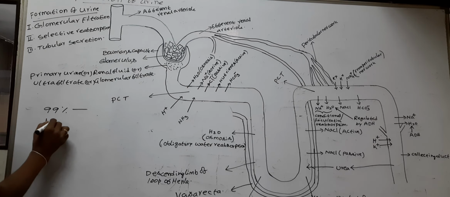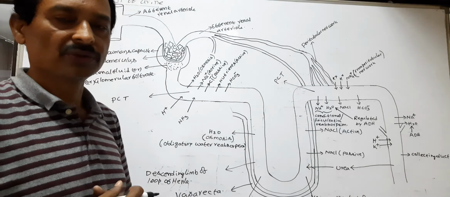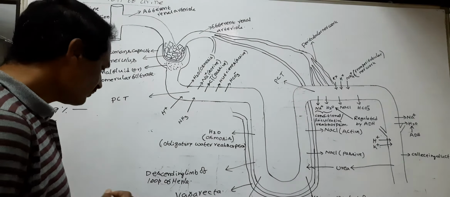So only 1% of primary urine is discharged out.